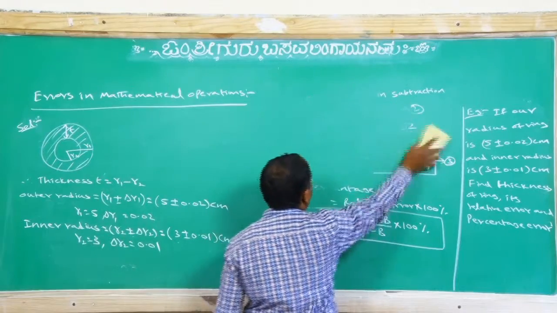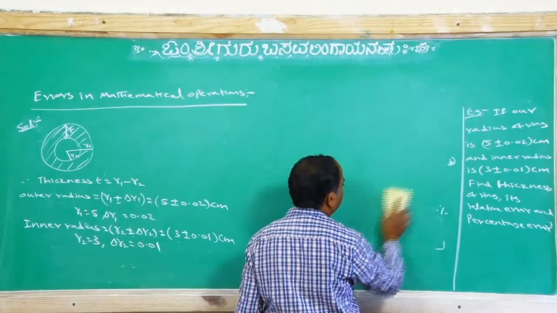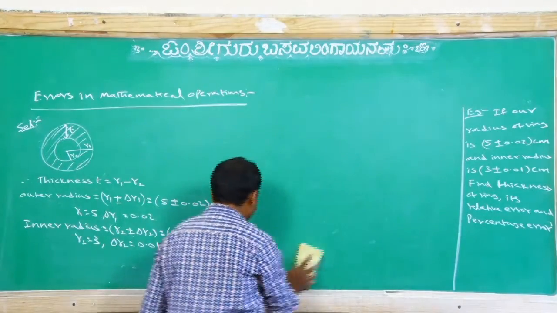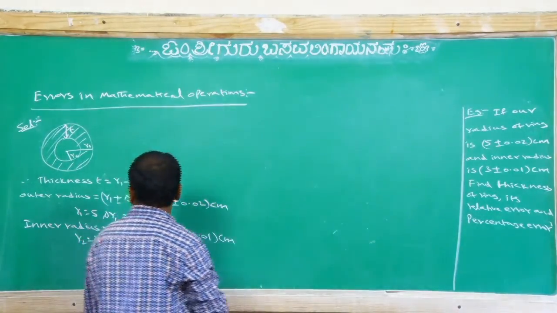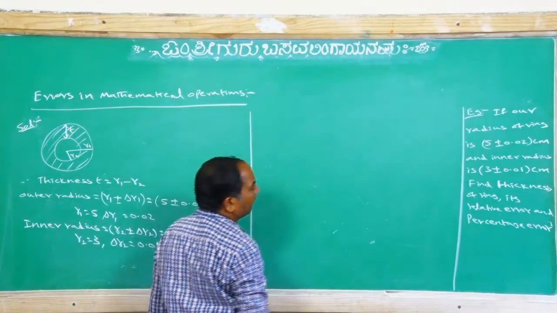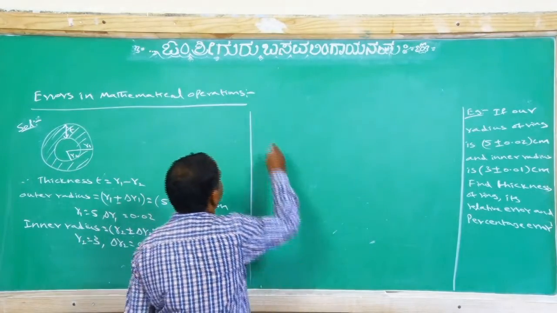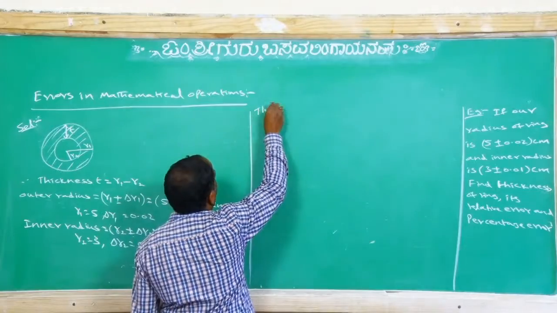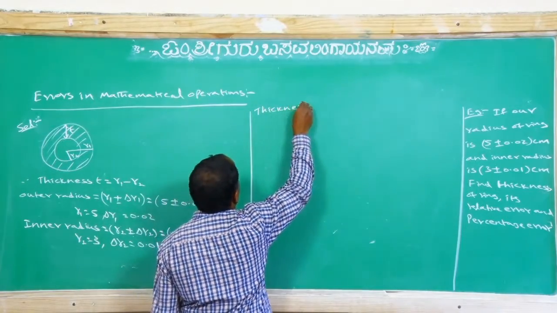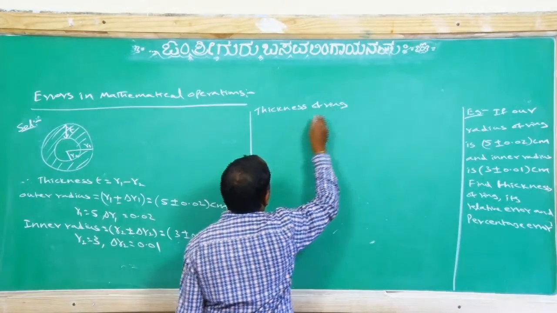Now, I want to find out the total error in thickness. We want to find the thickness of the ring. How do you write the thickness of the ring?